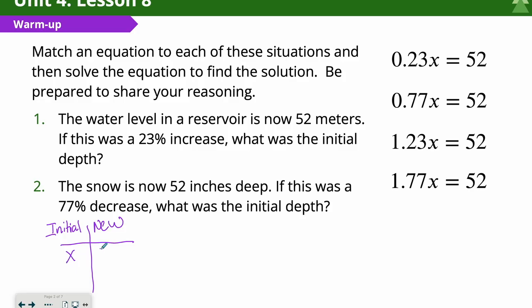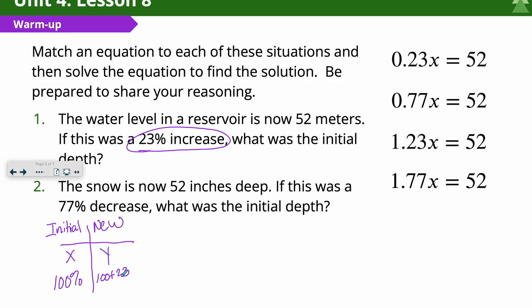So my initial is X and my new is Y. The initial is 100%. It's a 23% increase. So 100 plus 23 gives me 123%. I can find my K value, Y divided by X. 123 divided by 100 is 1.23.